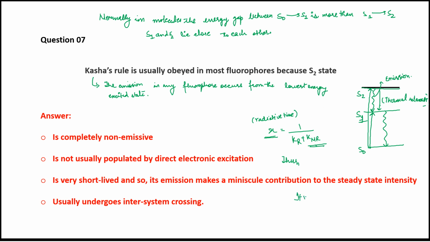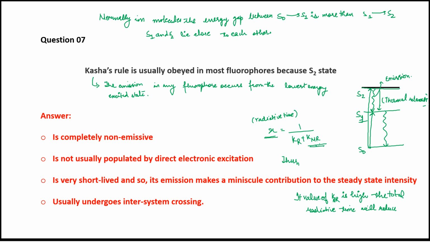Now if the value of knr, that is non-radiative, is high, the total radiative time will reduce.